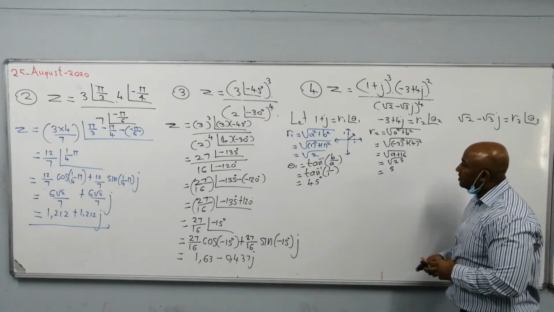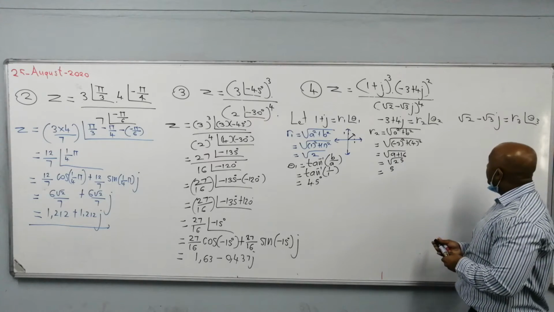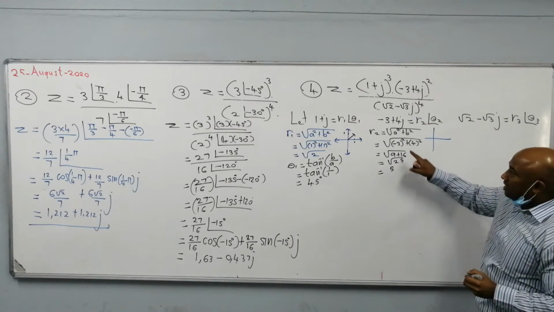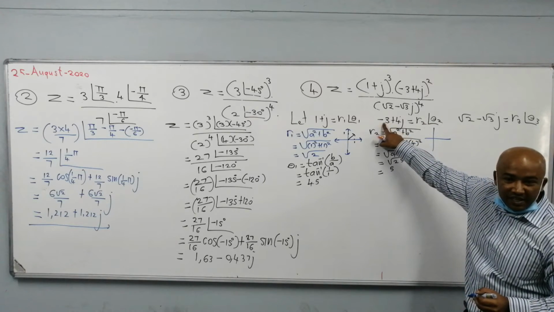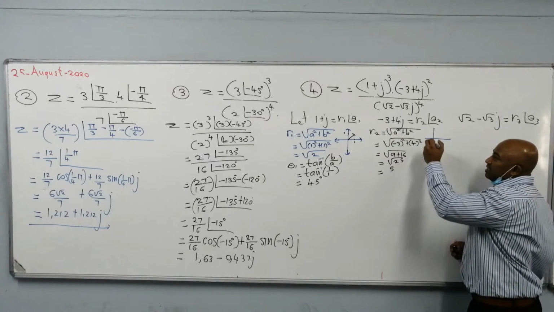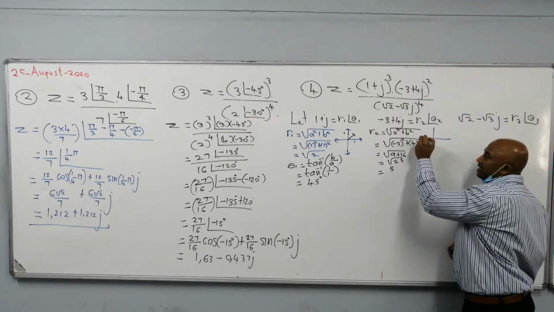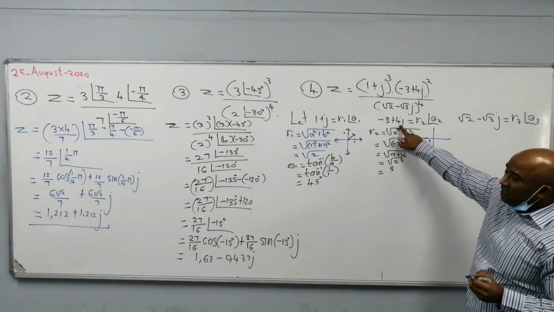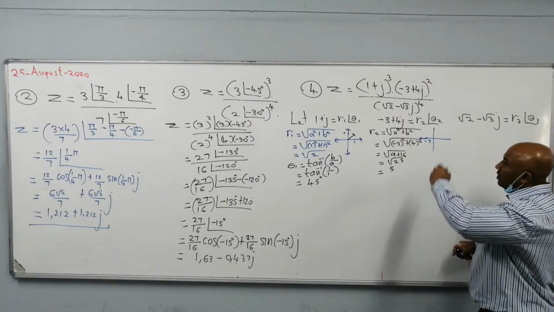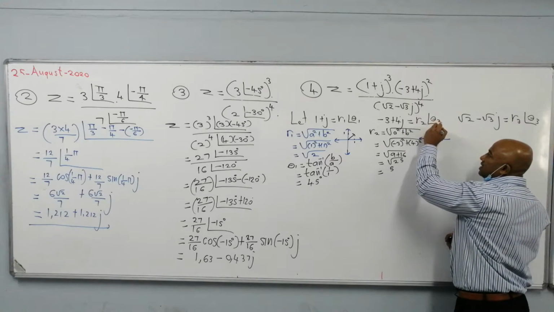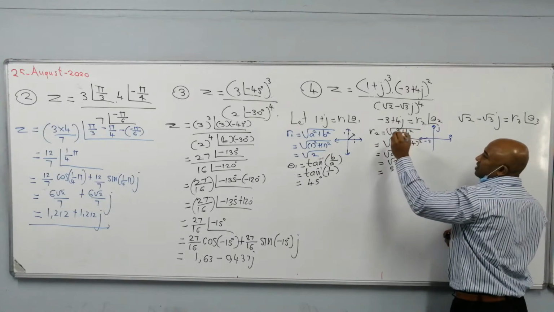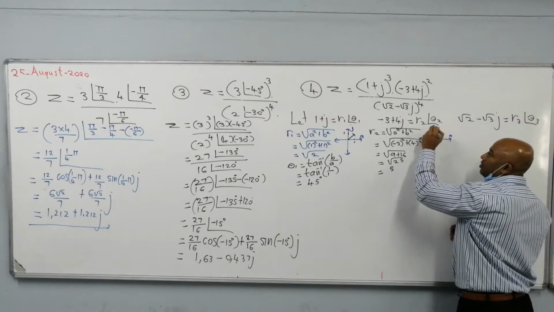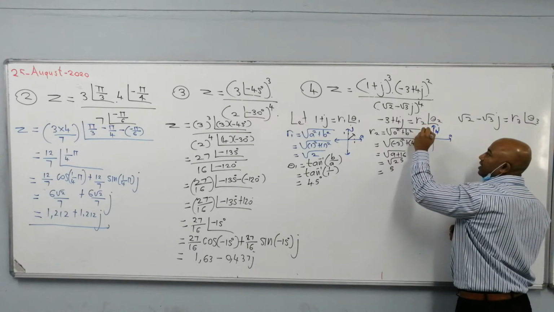Now remember your quadrant. Here the real value is negative, minus 3, somewhere around here, and the imaginary value is positive, so you're going up 4. This is your imaginary axis, that's your real axis.